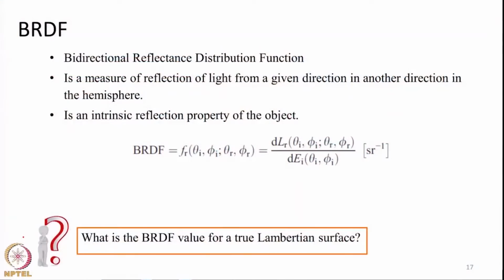The next important property that we should always have in mind is BRDF, that is, bidirectional reflectance distribution function. What is this? In the last lecture, when we discussed the source, object and sensor geometry, I told you that objects will look different when we observe them from different directions.